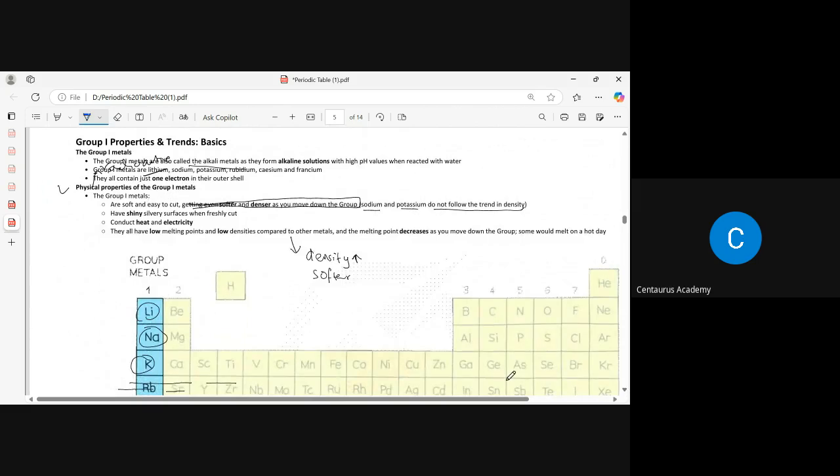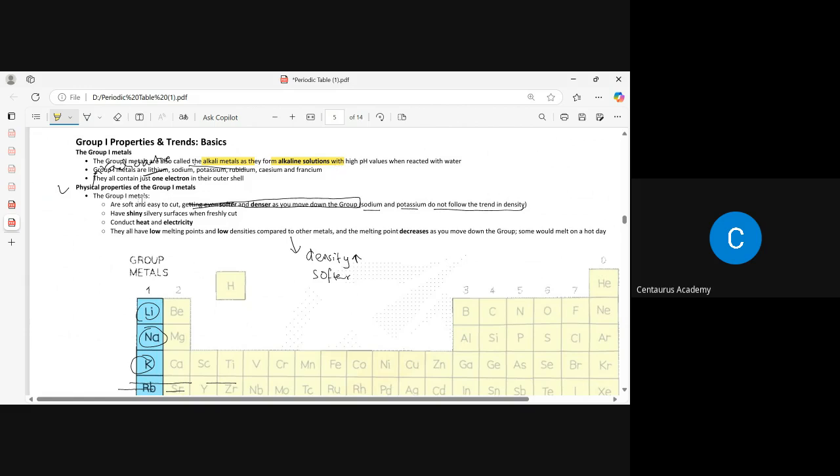Moving on. Group 1 metals, we've already discussed. We said that group 1 metals have a special name, and that is alkali metals. Why are they alkali metals? Because they are basic, they form basic oxides, and these basic oxides, when they dissolve in water, form alkaline solutions of their own metal hydroxides, and they have higher pH values as well.